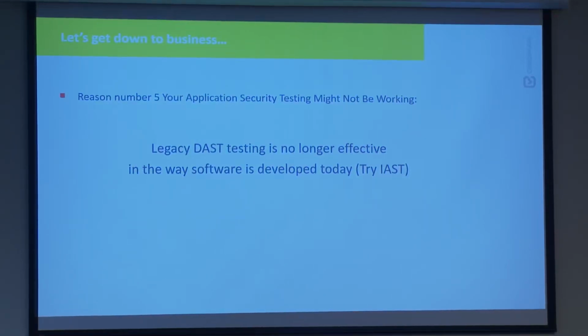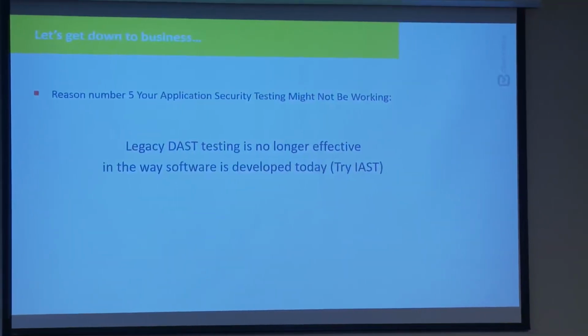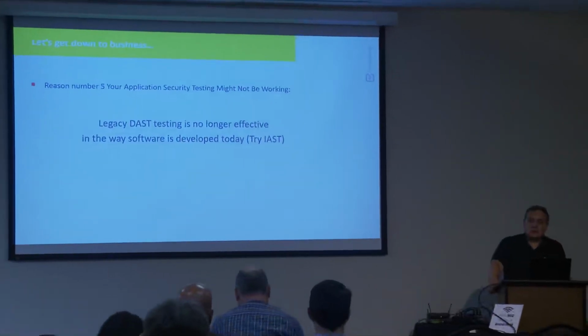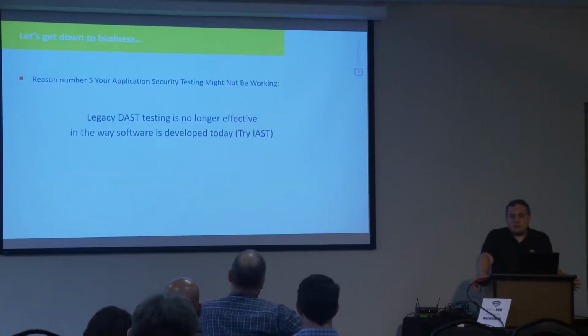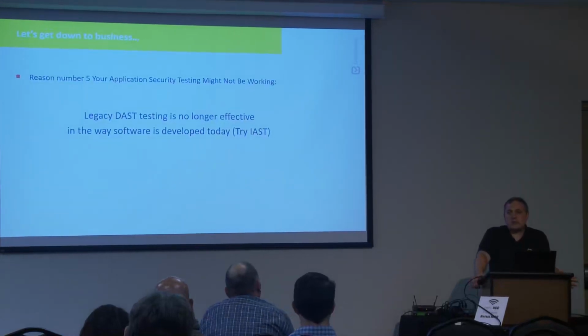So what do we do? Luckily, there are actually new technologies that can help. IAST is an up-and-coming security testing. You guys heard of it? Yeah. So the benefit is that it runs with your existing QA cycle.